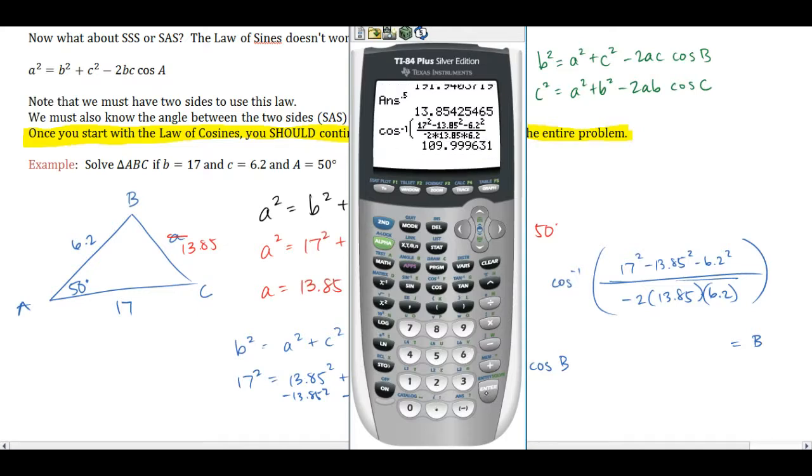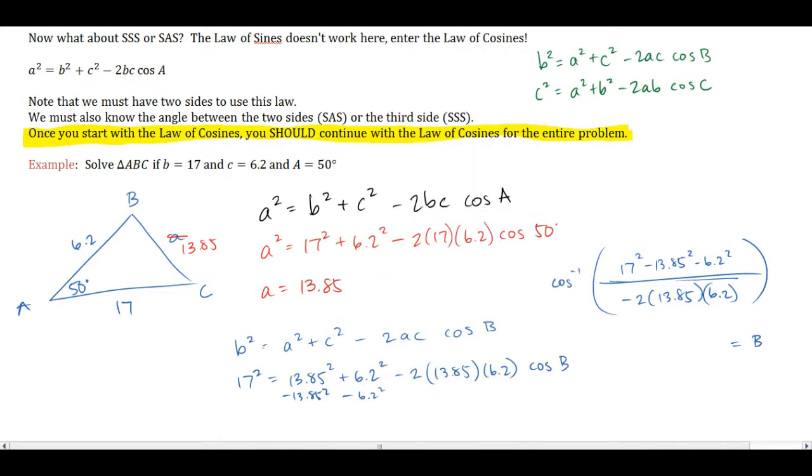And Sheila says it's 109.99. Let's call that 110 degrees. So she says it's 110 degrees. And now I know angle B. I was already given angle A, which means that angle C, the final missing piece, must be 20 degrees.